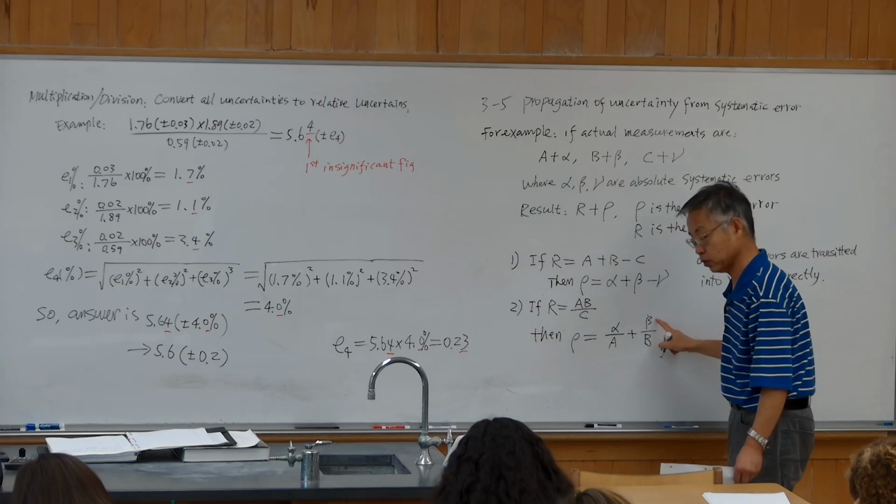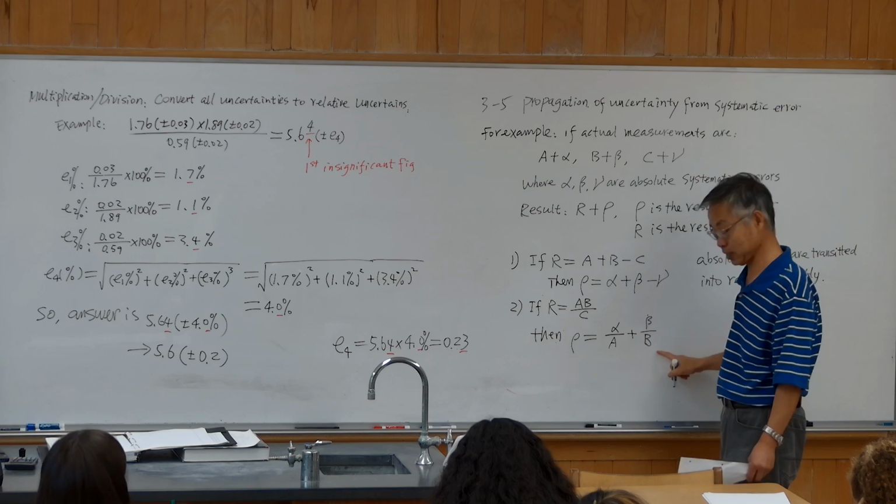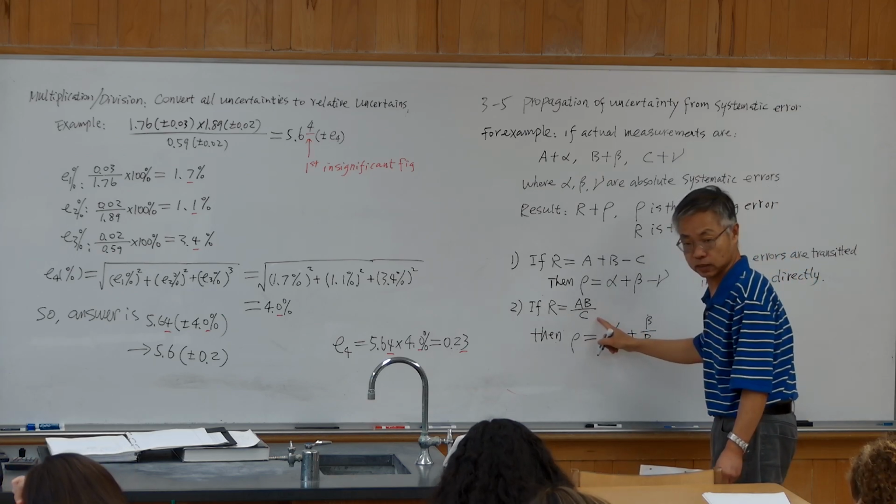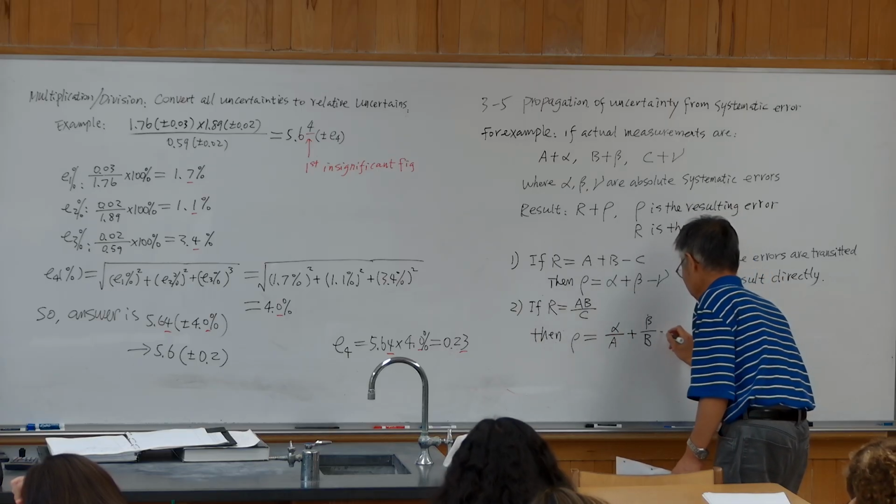Here these two are different. Beta is the error. B is the actual value. If division, then the error is minus.